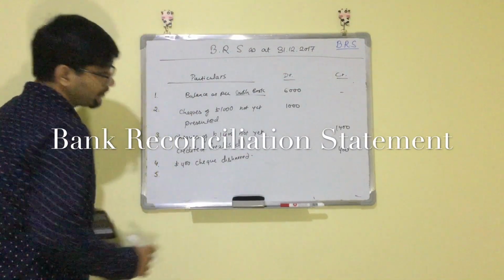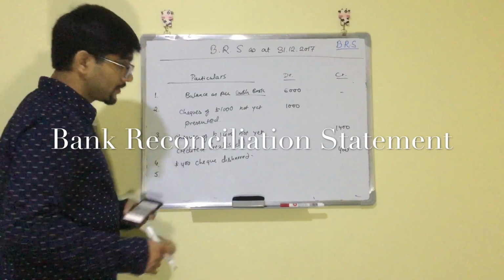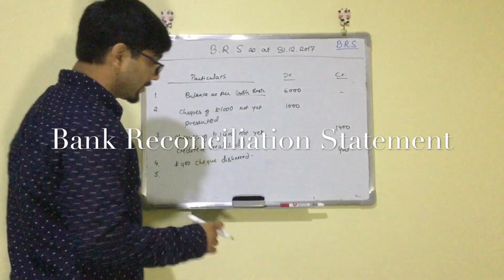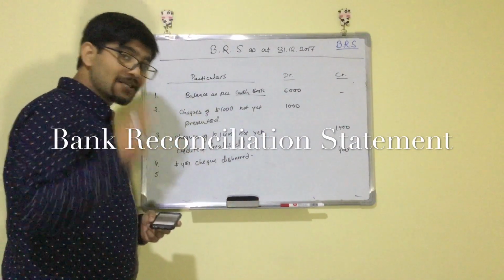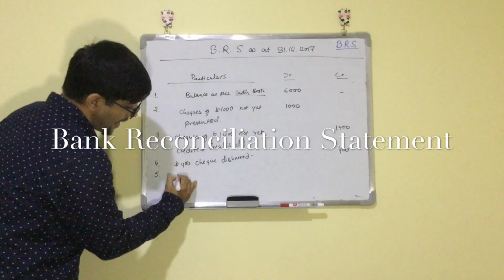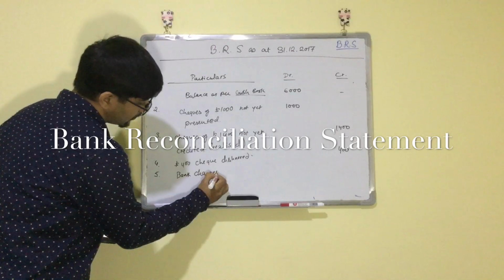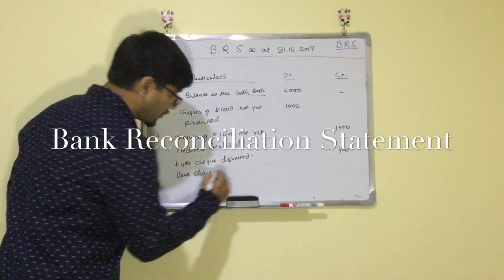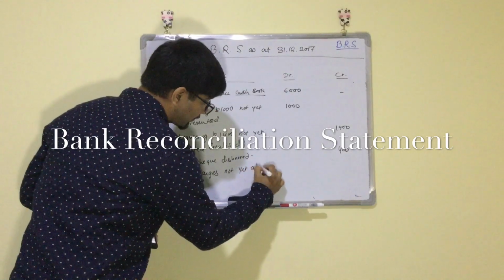Another, fifth point. Passbook showed bank charges. Passbook has reduced the balance. Cash book has a positive balance. So this is bank charges, not yet adjusted.